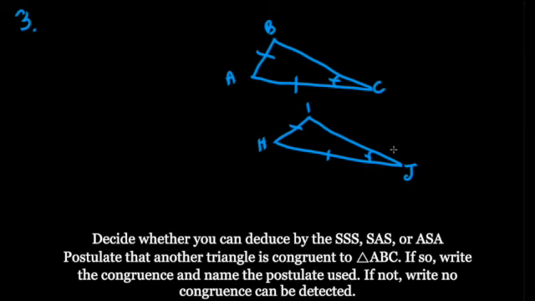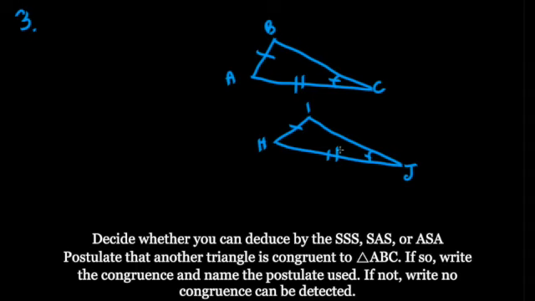Let's try one more of these types of problems. So in these two triangles, we can see that side AB and side HI are congruent, and also that side AC and side HJ are congruent. We can also see that angle C and angle J are also congruent. So by looking at this, one would presume that we could use the SAS postulate to prove these two. However, the SAS postulate clearly states that the angle which is congruent needs to be the included angle.